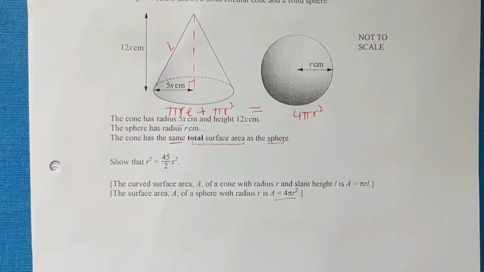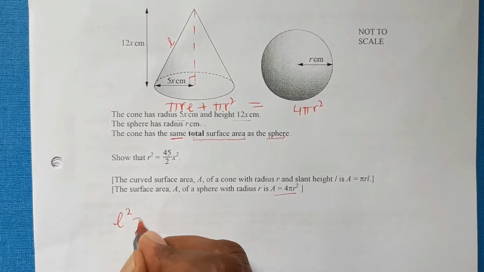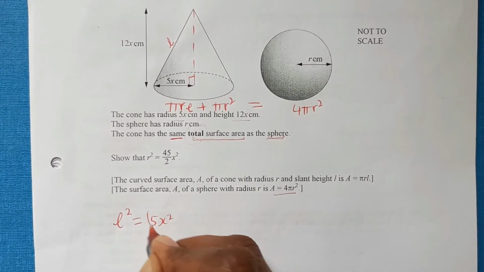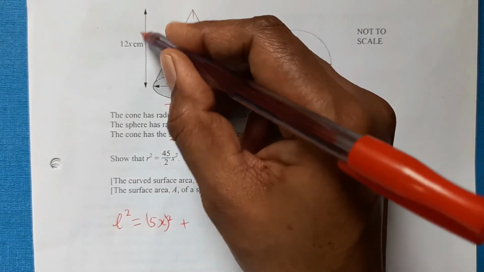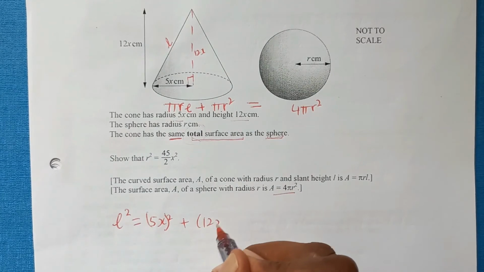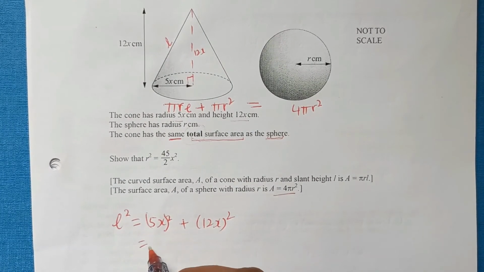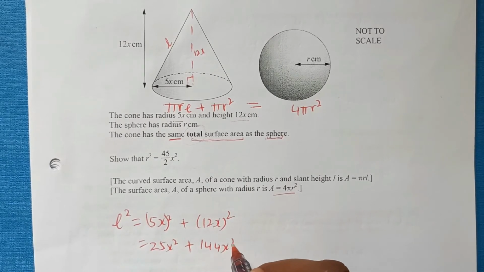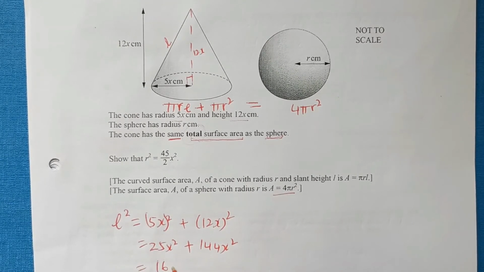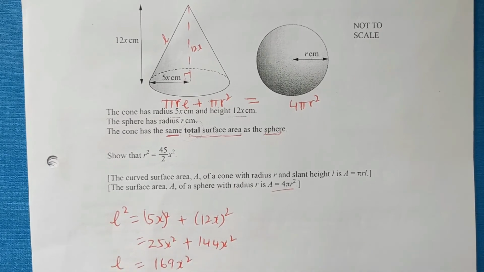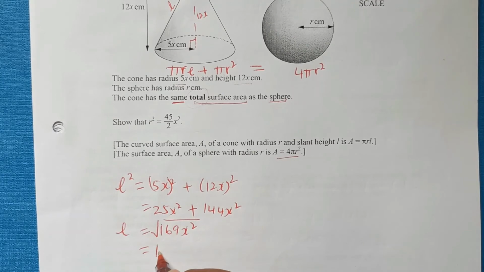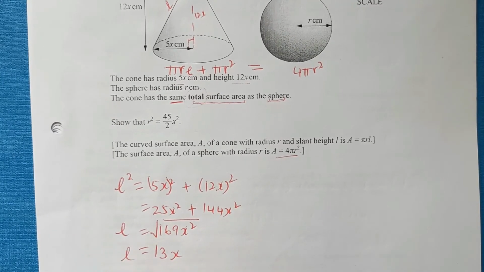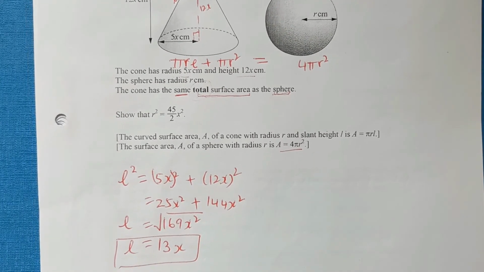So from there we will find L. L squared will be 5x squared plus 12x squared, as this height is given to us. So this is 25x squared plus 144x squared, so this is 169x squared. So L will be the square root of this. Square root of 169 is 13, and this is x. So we have L as 13x.